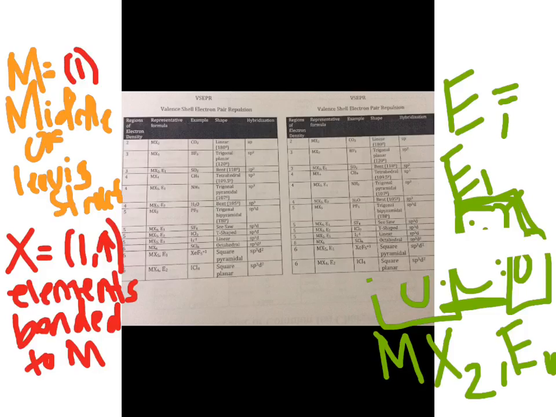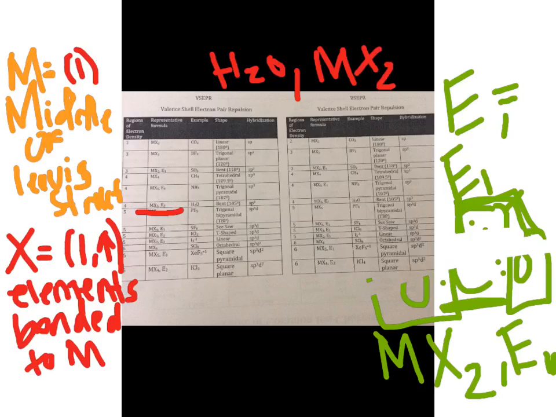Let's do H2O and see why that is. H2O, it's MX2, E2. Let's figure out why it's that. So you have one O, which has 6 electrons, so 1, 2, 3, 4, 5, 6.